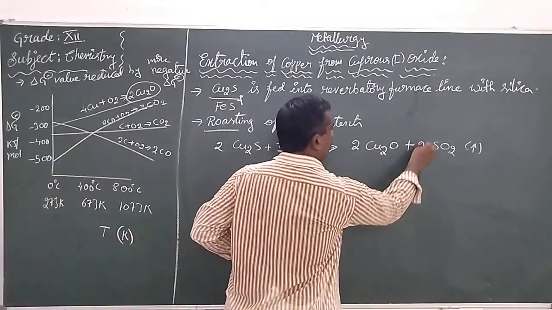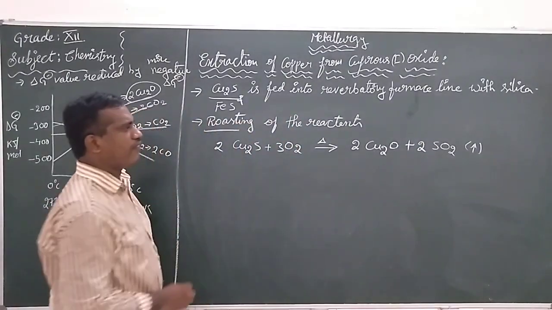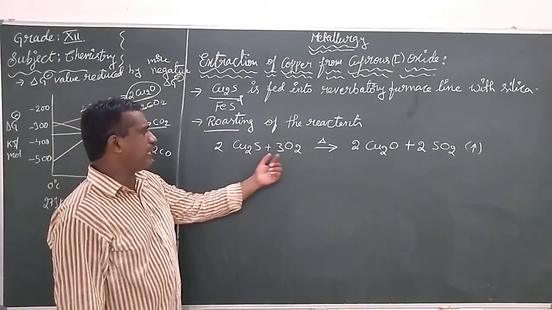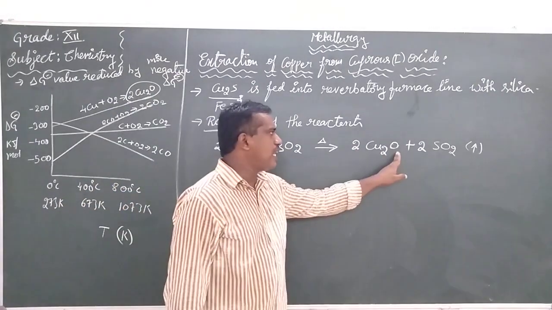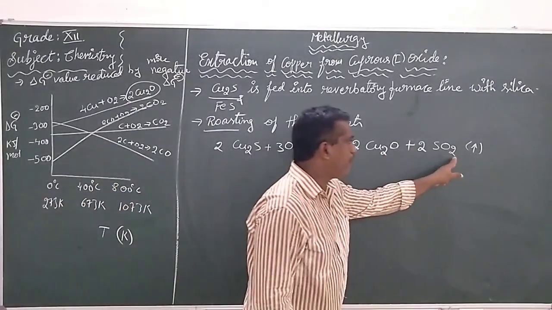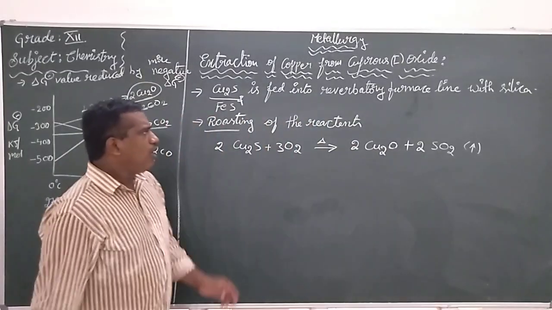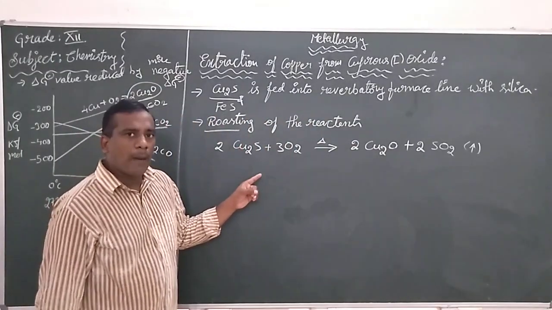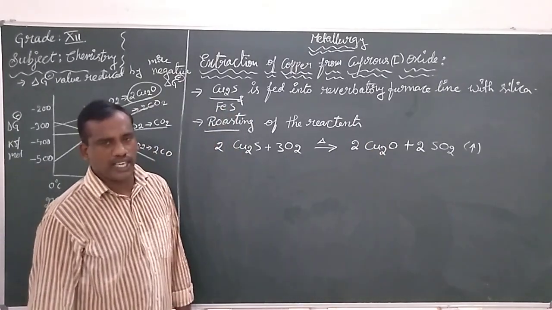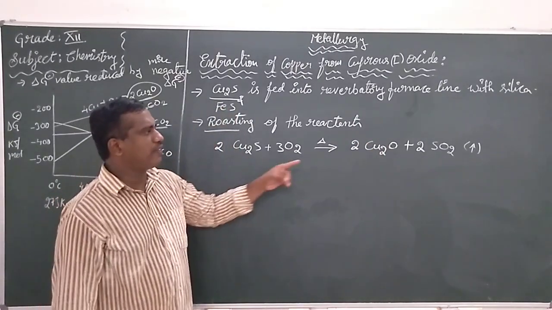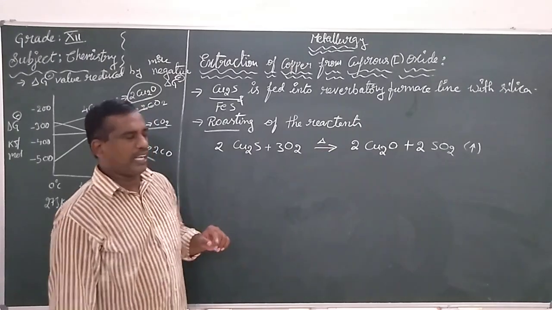In the products also we have 2 sulfurs. You can balance the oxygen side. 3 2s are 6. In the products we have 2 oxygens here and 4 oxygens. So during roasting, copper sulfide is converted into copper oxide.